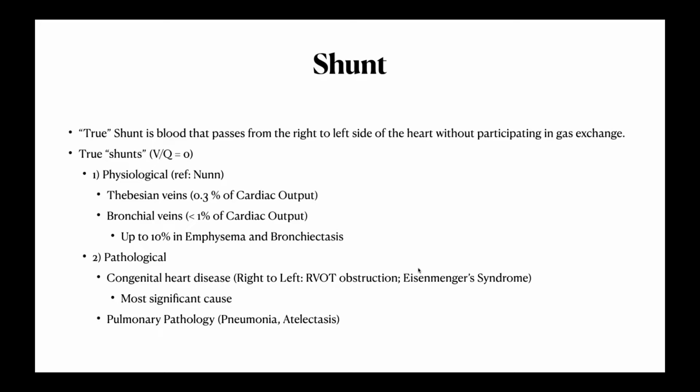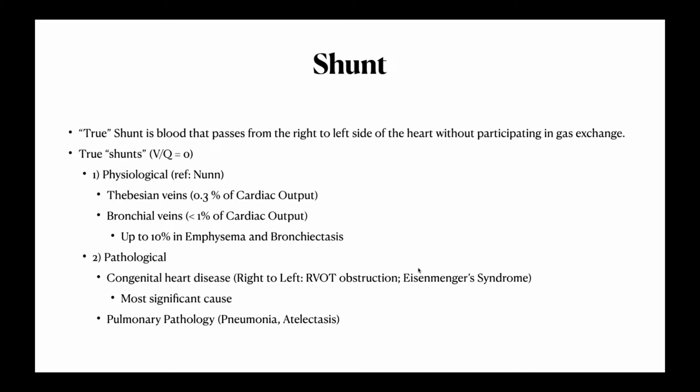Now, pathological causes of shunts include congenital heart disease, specifically right to left. The most common causes would be anything that causes right ventricular outflow tract obstruction. So all the congenital heart diseases like pulmonary atresia, pulmonary valve stenosis, hypoplastic right heart, tetralogy of Fallot, and then Eisenmenger syndrome. That's when you've got a prolonged left to right shunt.